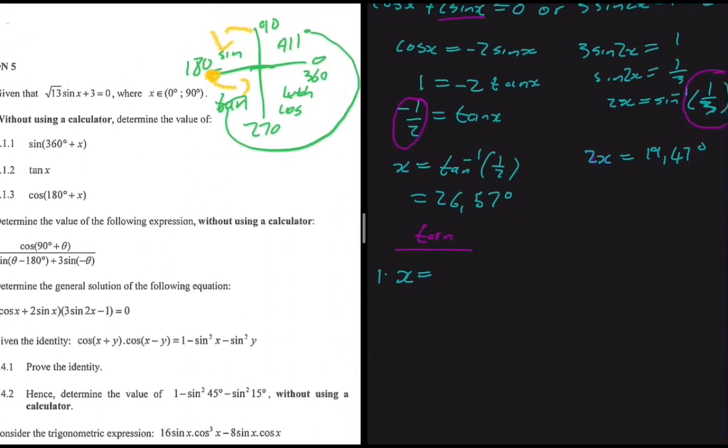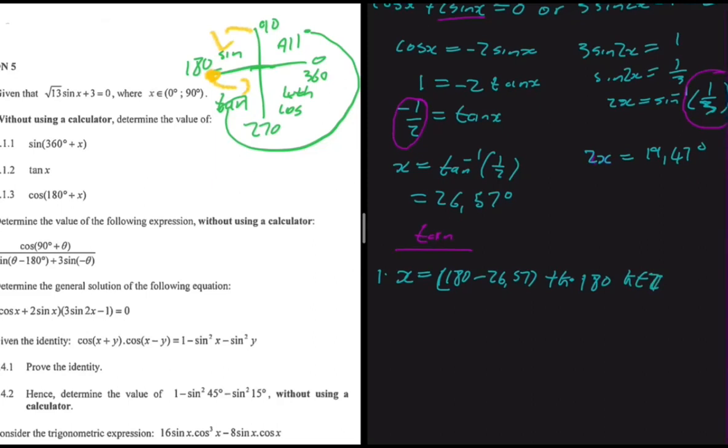In the second quadrant we have 180, so we're going to say 180 minus the critical angle, which is 26.57, plus k multiplied by the period of tan, which is 180, k being an element of the integers.